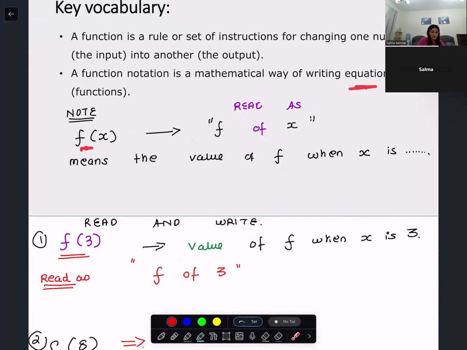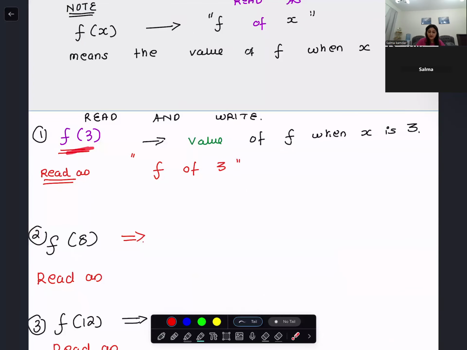So f of x means the value of f when x is whatever. f of 3 means the value of f when x is 3. You have to get a hang of it.